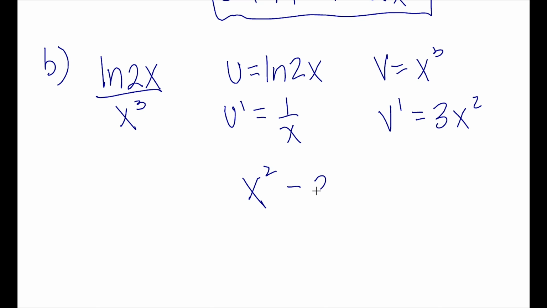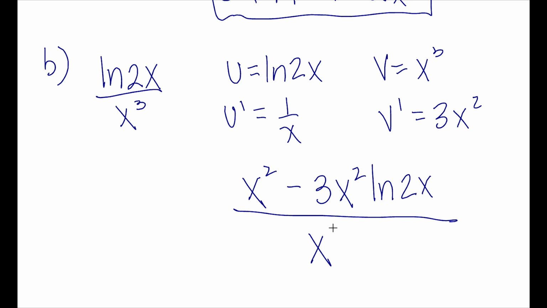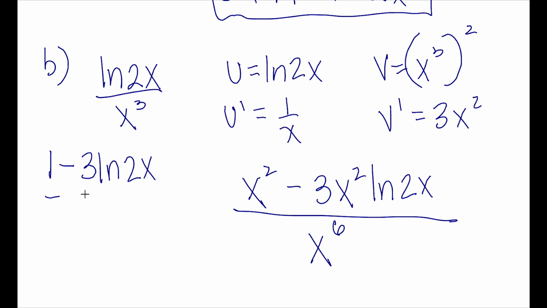Then I'll subtract 3x squared ln 2x and divide that by x to the 6th, because we need v squared. Now I can take an x squared out of all three of these terms, so we end up with 1 minus 3 ln 2x all over x to the 4th.